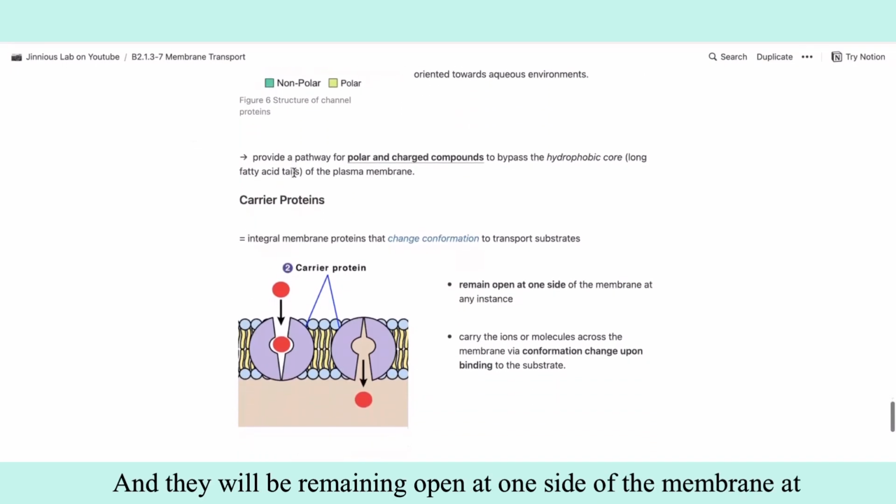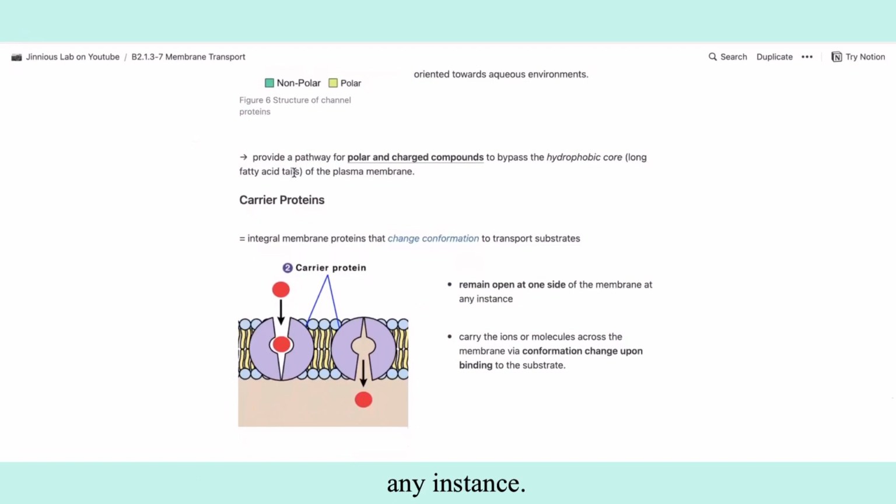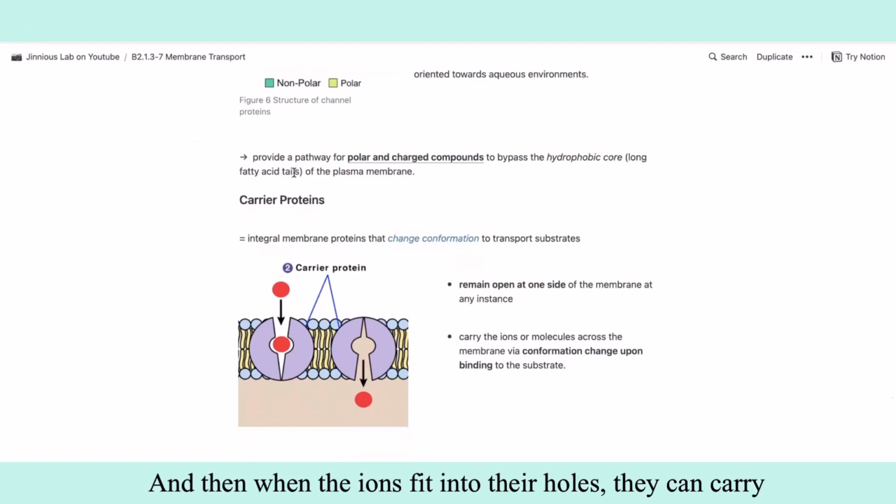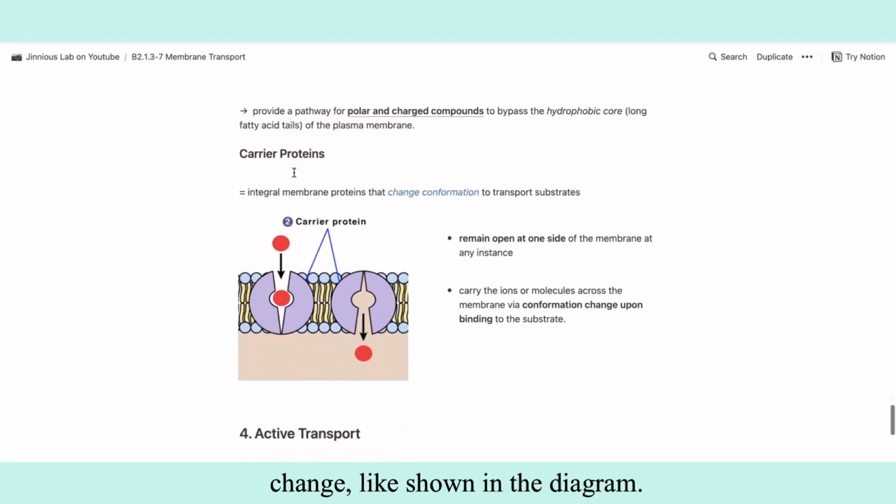And they will be remaining open at one side of the membrane at any instance. And then when the ions fit into their holes, they can carry ions or molecules across the membrane via conformation change, like shown in the diagram.